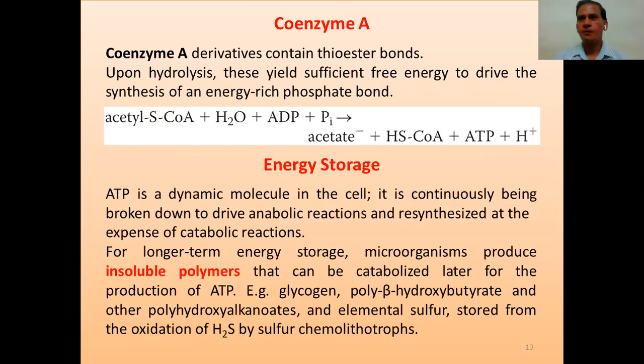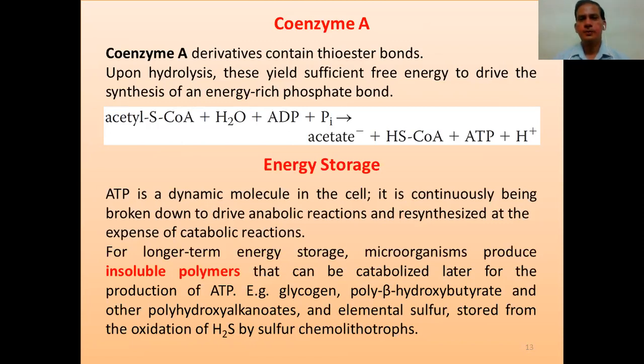However, for long-term storage, ATP is not a solution. So for long-term storage, what microorganisms do is produce insoluble polymers. These insoluble polymers can be catabolized when there is a high energy requirement, or in conditions where there is a deficiency of nutrients.